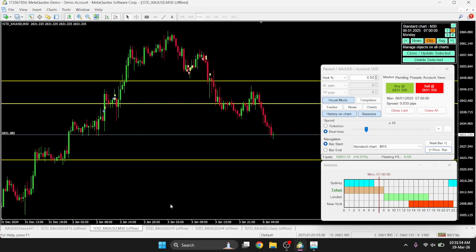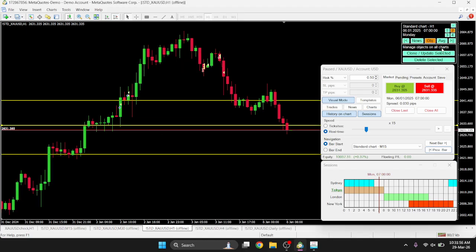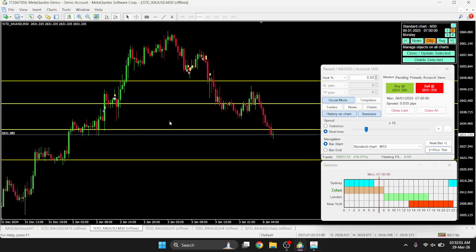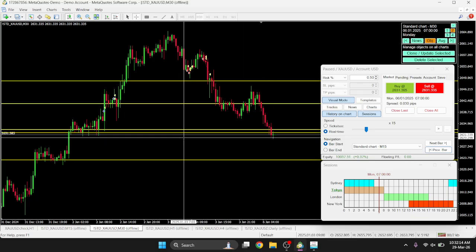What we are looking at in 30 minutes: this is our 30 minute support, but there is another support here. So I am marking both of these supports. If the market closes below both supports, then we can go for a sell, depending on volume.